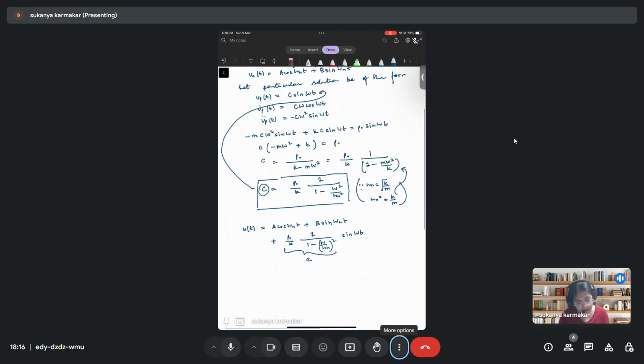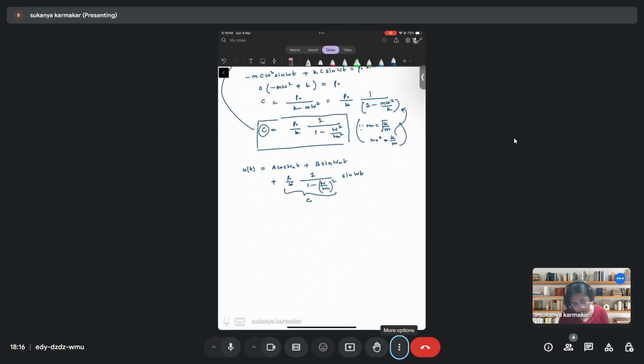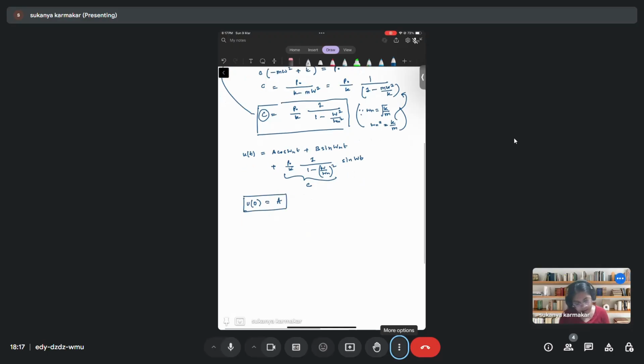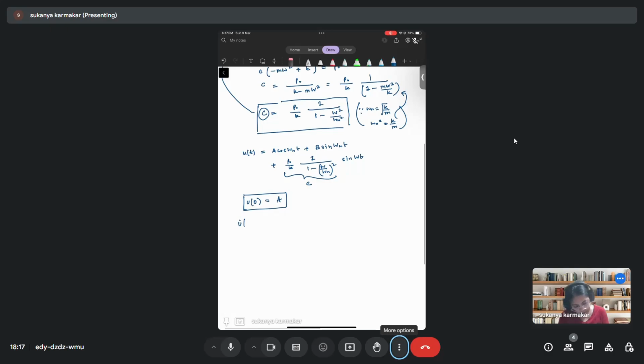Let's use the initial conditions. At t equal to 0, u is u0. Cos 0 is 1, so a is u0; sine 0 is 0, so the b term goes away, and at t equal to 0, sine omega t is also 0. So the value of a is calculated. Now you have to write u dot t.